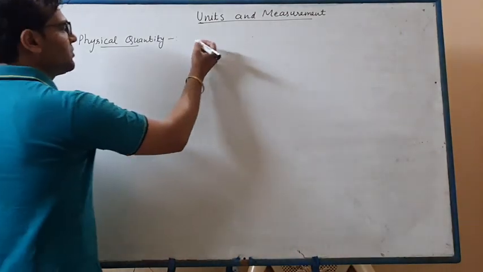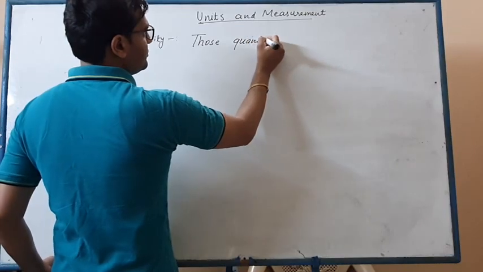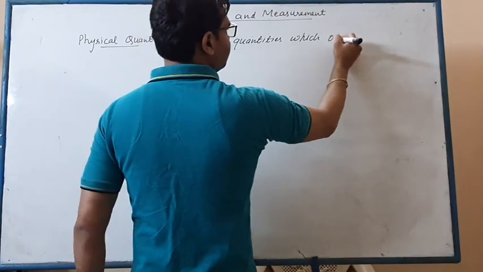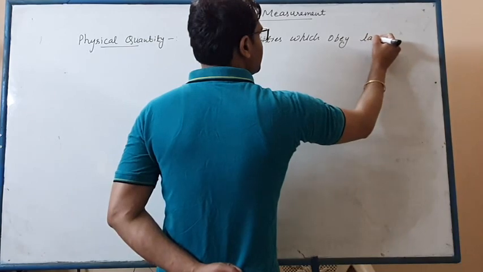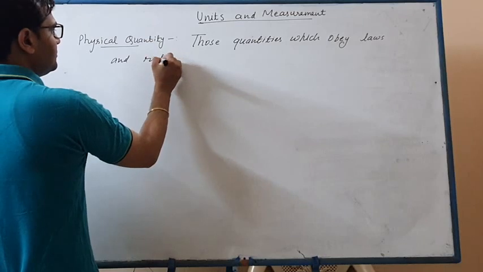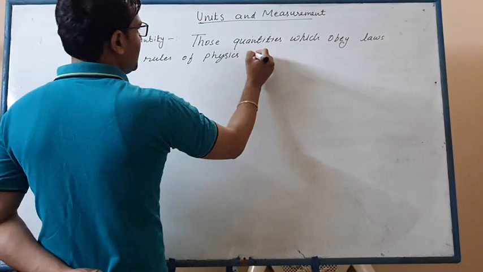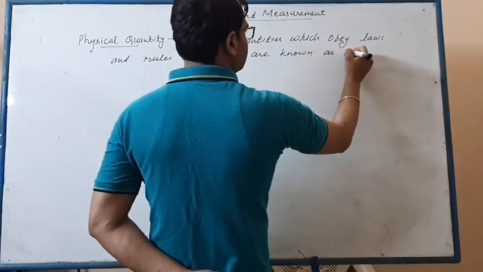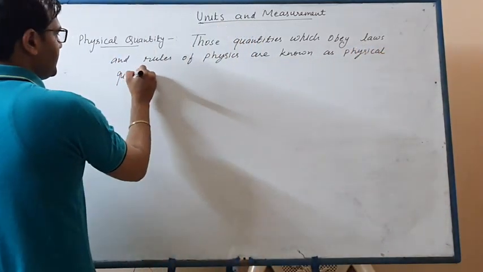What are physical quantities? Those quantities which obey the laws and rules of physics are known as physical quantities.